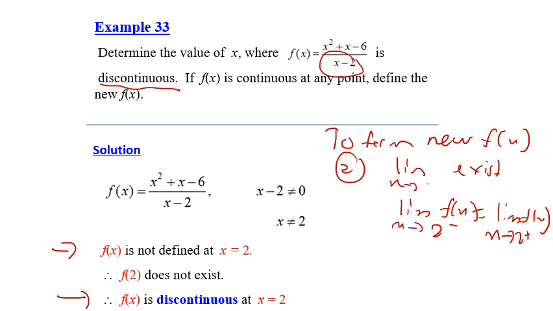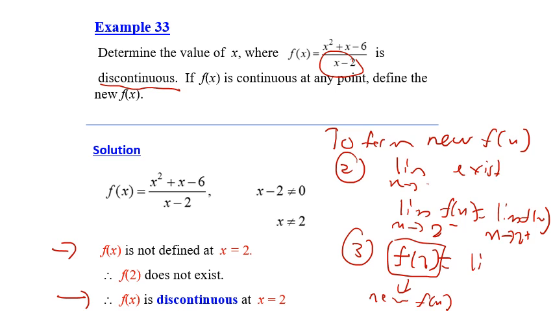And then we proceed with condition number 3, that is, we equate the f. So we equate this f to the limit, and from here we can form a new f(x).